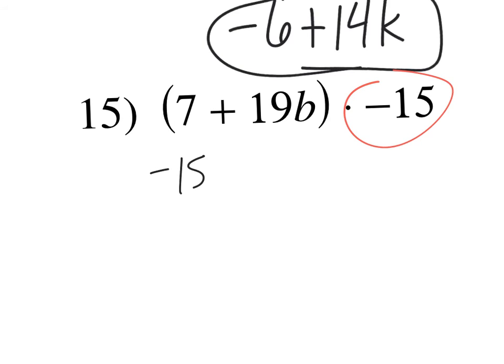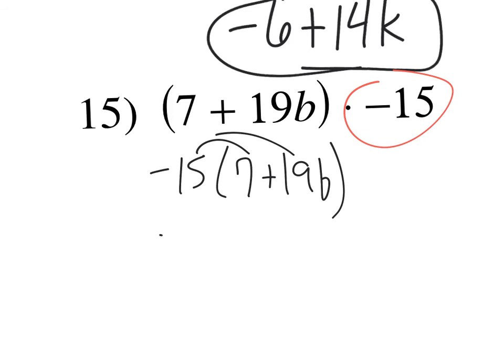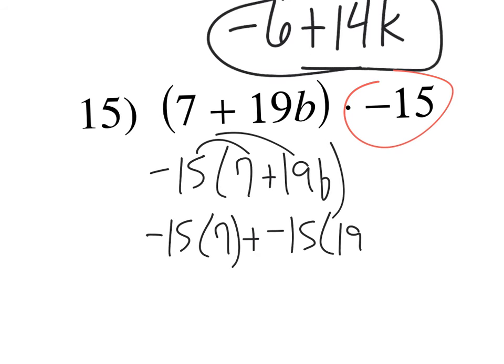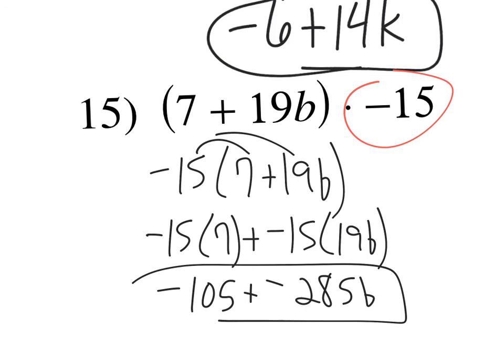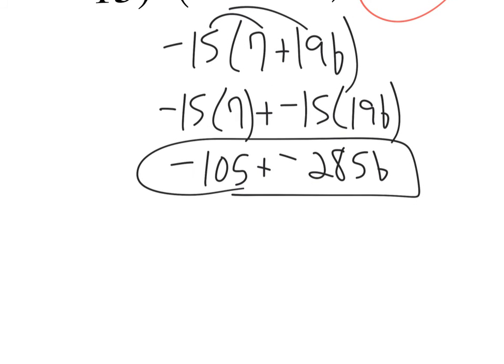That dot in between there means they're multiplying. So we can go ahead and distribute the -15. So -105. So -105 plus -285b, or you could have -105 minus 285b.